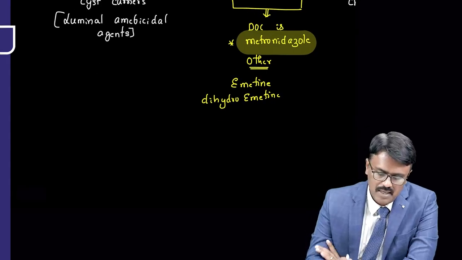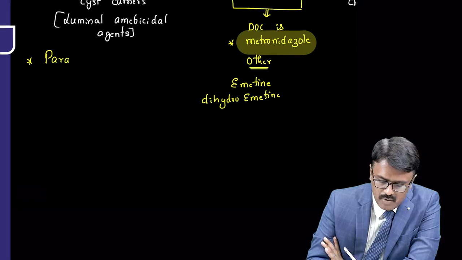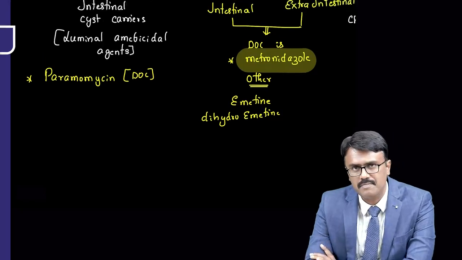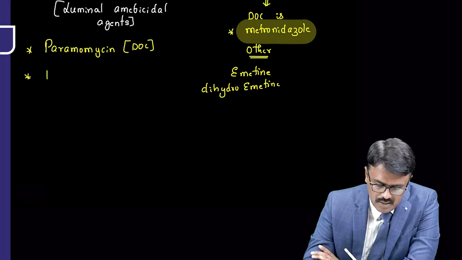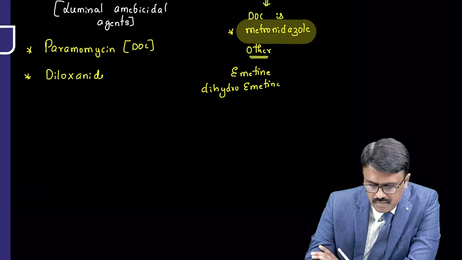In luminal amebicidal agents, we have a drug by the name paromomycin. Paromomycin, as per recent guidelines, is the drug of choice to eradicate the carrier state. But in India, we are still using diloxanide furoate.